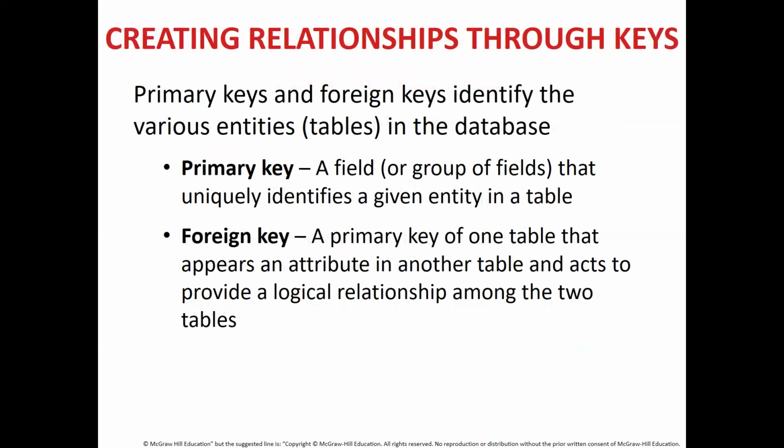Now in a database, especially in a relational database, since data is related to one another in one way or the other, you have something called keys. So you have two types of keys, a primary key and a foreign key. A primary key basically uniquely identifies a given entity in a table, the unique identifier.